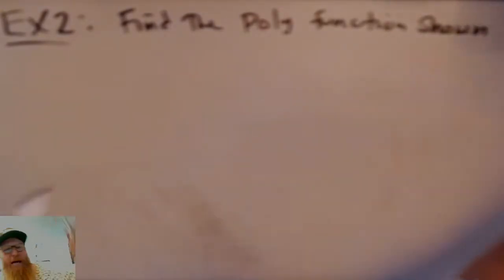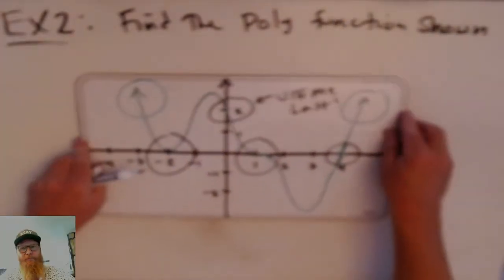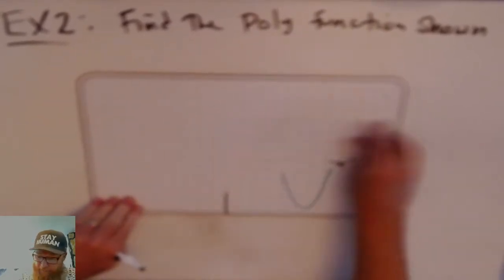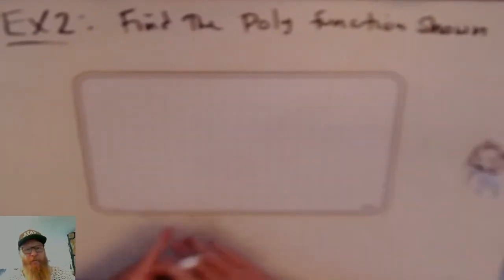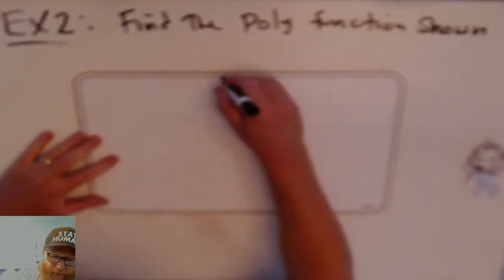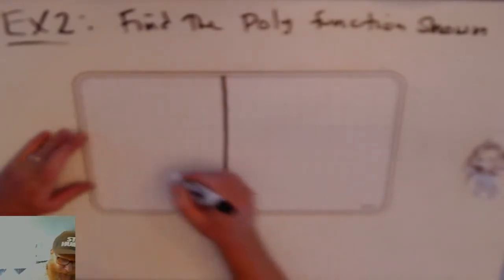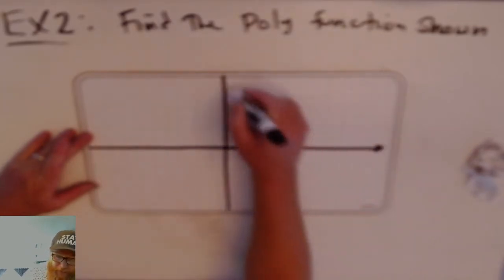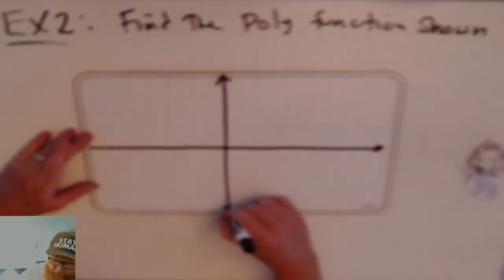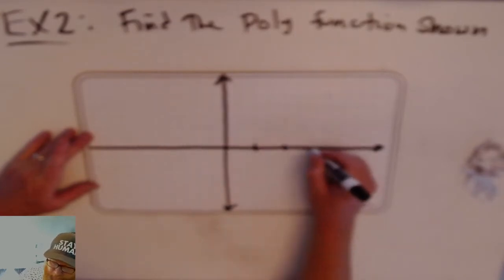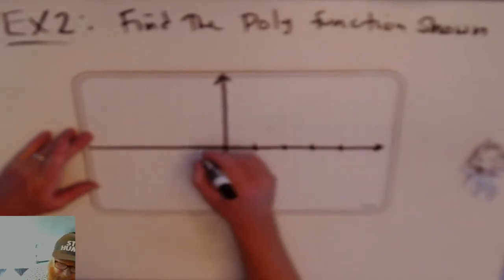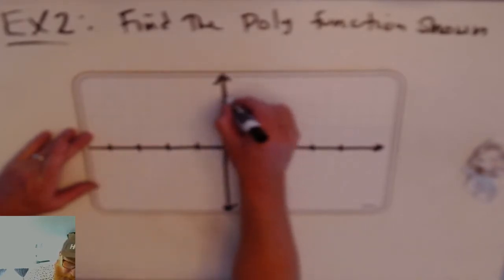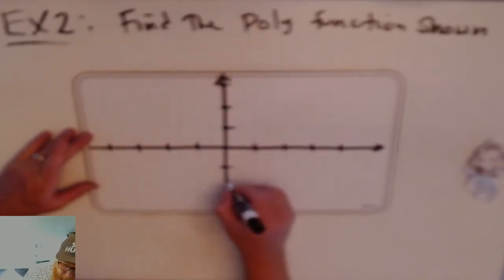Maybe while I'm waiting for this to refocus, I will draw the graph. To make my graph a little less messy, I'll just assume that each one of these tick marks represents 1 unit.